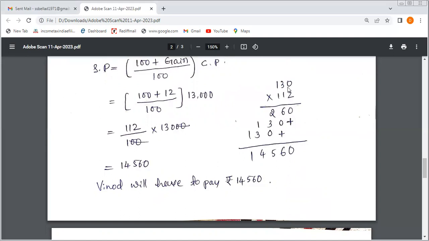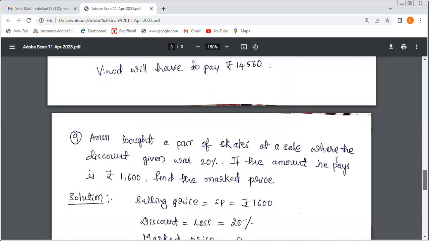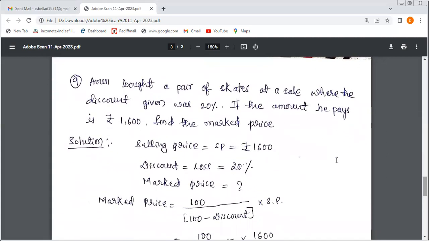Multiplication of three-digit numbers you should learn. And lastly, we add all of this. The total is 14,560. So this 14,560 is the selling price of this TV, so that we know how much to pay. In this way, this problem is solved easily. Move to the ninth problem.